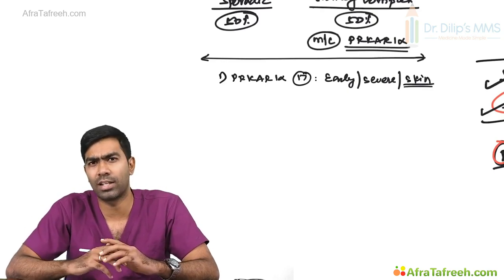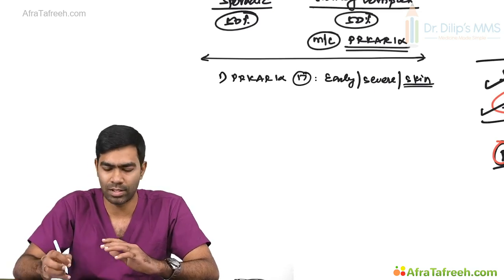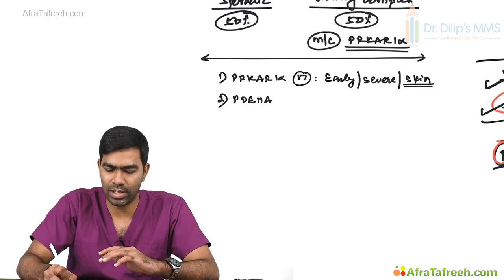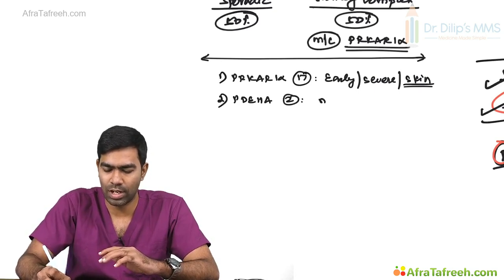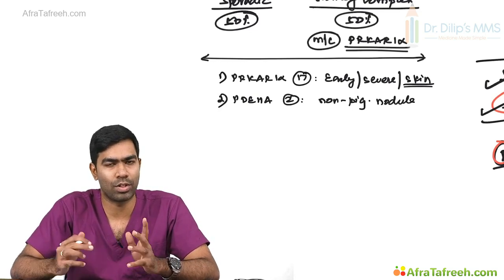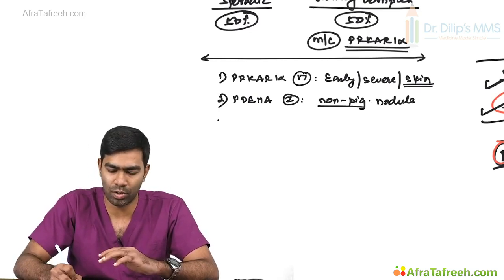You can go and see the Carney complex I had described extensively in the video. And next is the phosphodiesterase 11A gene, which is present on chromosome number 2. Involvement of this will result in a non-pigmented nodule. That's why I told you that pigmentation may or may not be there. Even though it's called PPNAD, it's a non-pigmented nodule.